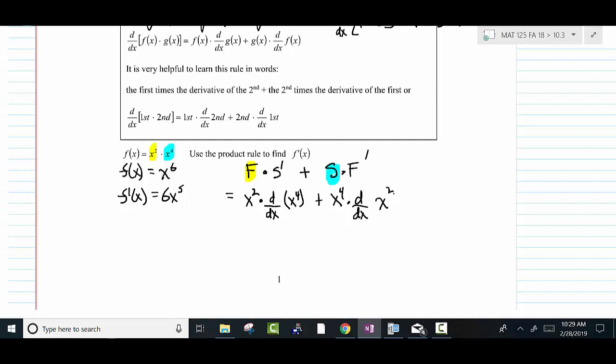Second and that derivative. Okay, go ahead and take a minute and work it out and see if you get 6x to the 5th. It would not be the way I would do the problem. I'd do it in my head the way I've already showed you. But go ahead and finish it out and tell me if you get 6x to the 5th.